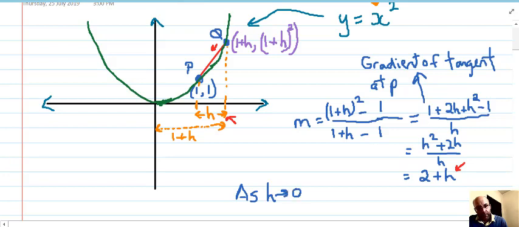P and Q become the same point in a sense, and as h approaches 0, we have what's called the limit. It's an important word. The limit of 2 plus h.